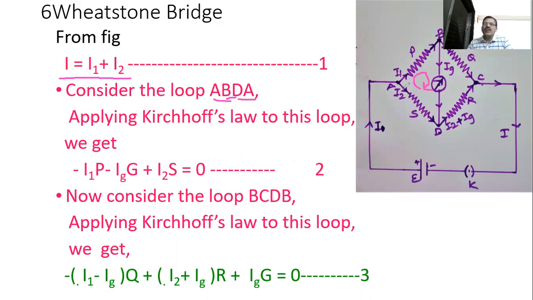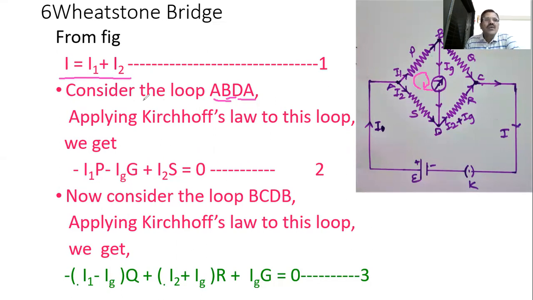According to the conventions of Kirchhoff's second law, the potential difference across a resistor is negative if the direction of tracing and the direction of conventional current are the same. If these two directions are opposite, then the potential difference across the resistance is positive.